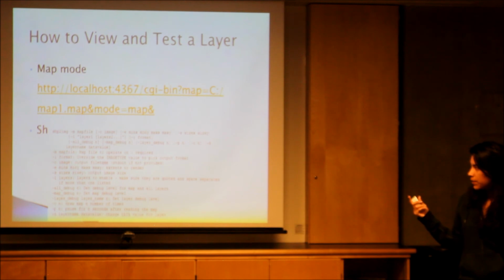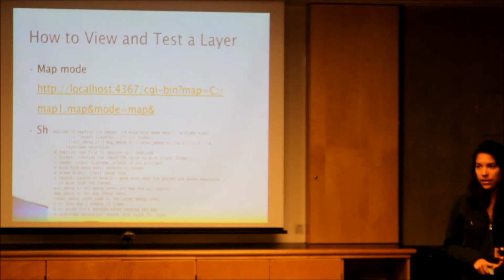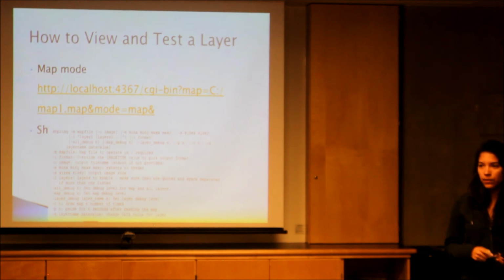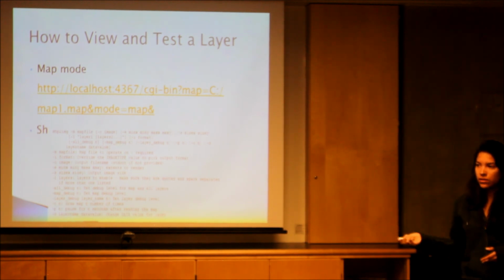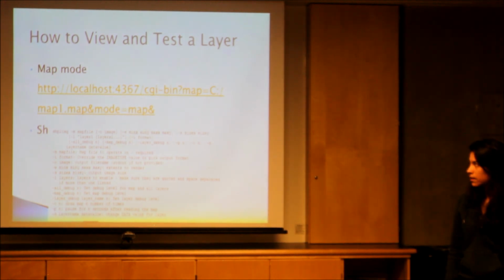It's called shp2img, and basically you just give it the map that you want to test, the layer, and if you want information about performance issues, you can actually see that this layer is taking 2 seconds to render or things like that. So you can basically use this tool to catch performance issues and check your map file and see how you can make it better. So you would always use it for debugging?